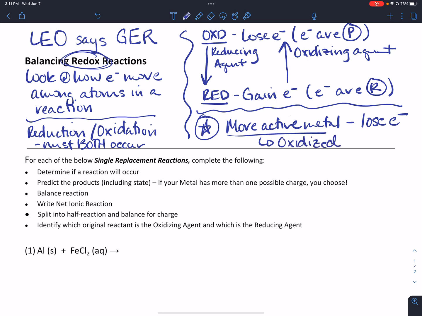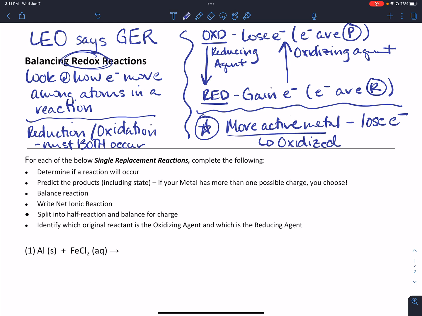When we talk about cell potentials in a later screencast, we're going to see that holds true. As a rule of thumb, use your activity series. If your metal is higher than the ion, then the reaction will go, and the more active metal always likes to be the one that gives the electrons.